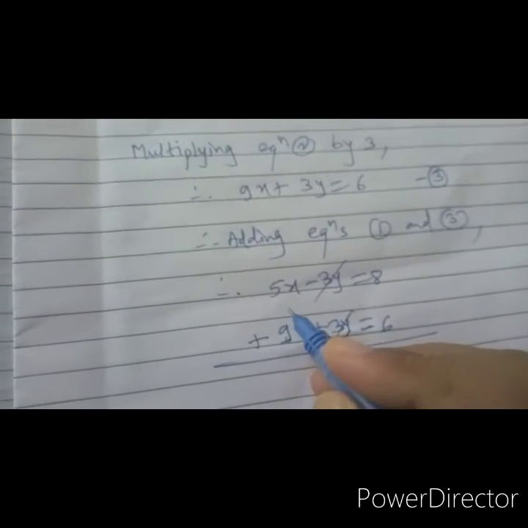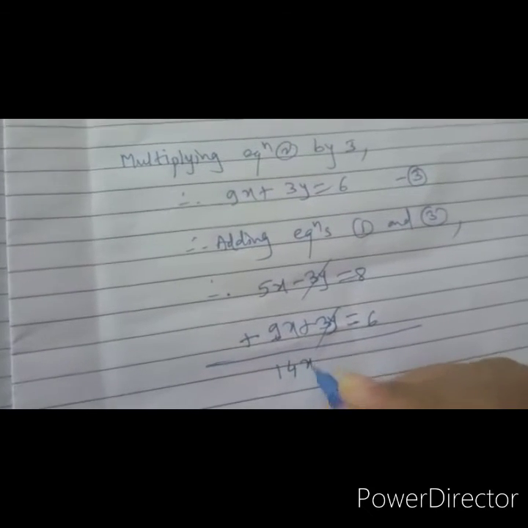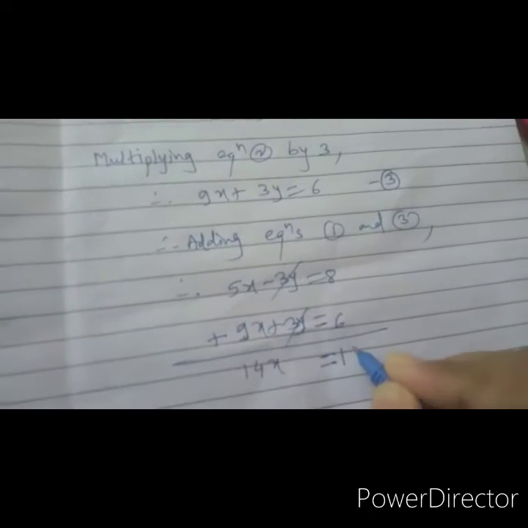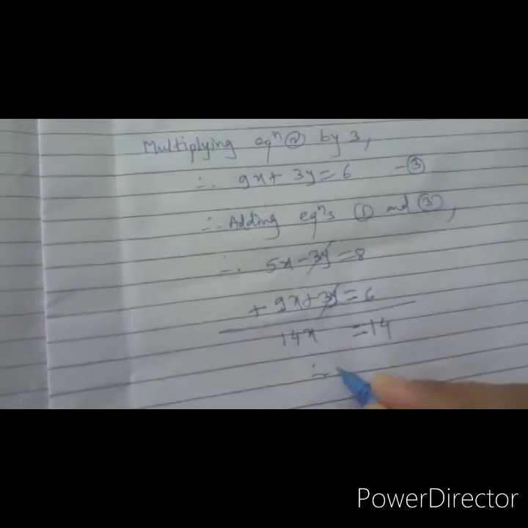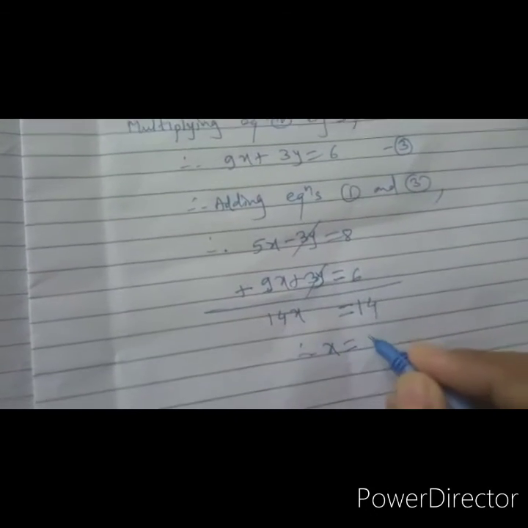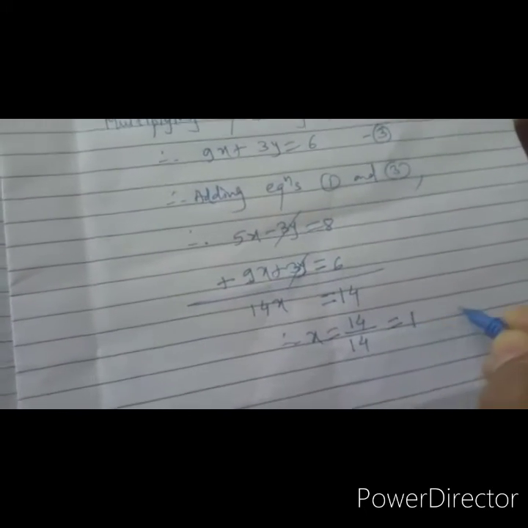Now addition of 5 plus 9, that is 14x is equal to 8 plus 6, that is 14. Now here 14 is multiplied to x, therefore we can shift this value to the right hand side, therefore 14 upon 14, and 14 ones are 14, therefore x is equal to 1.